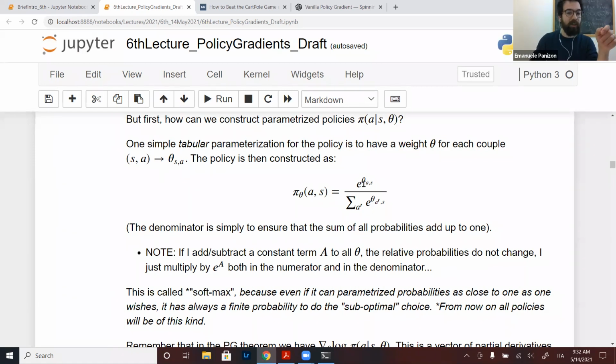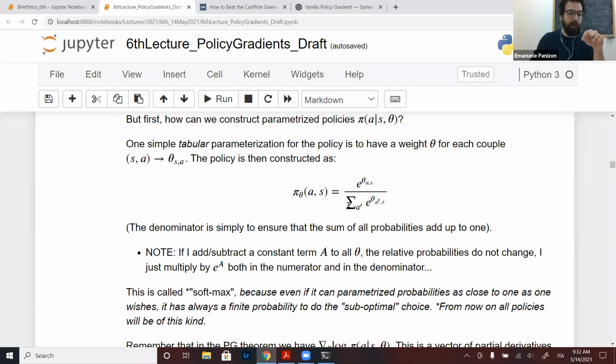The essential term is the term above. Since the probability has to be positive, this is an exponential, so it's fine. And it says that the probability of doing an action is basically proportional to the exponential of this weight. And we only need to store and carry one weight for each action.